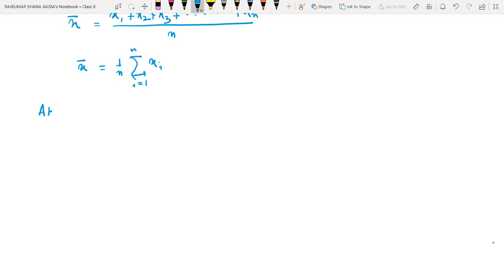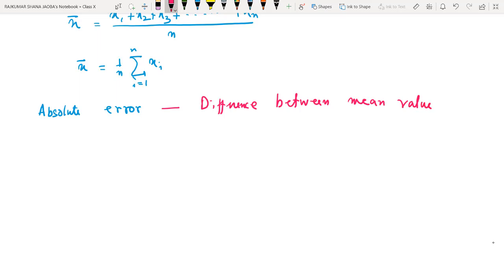Then absolute error. Absolute error is the difference between the mean value of the physical quantity and the observed value.